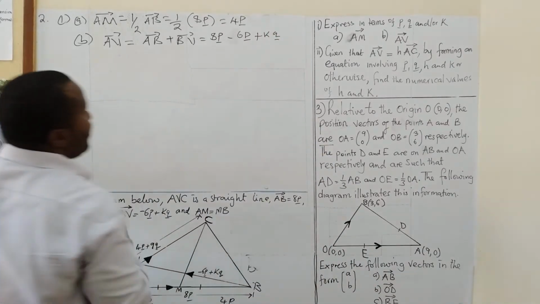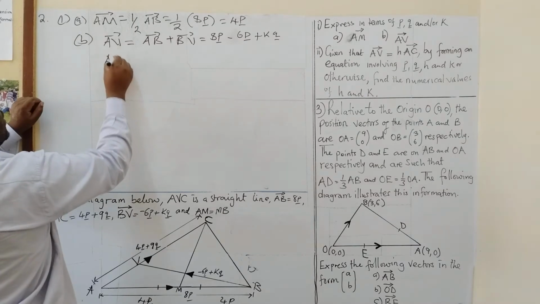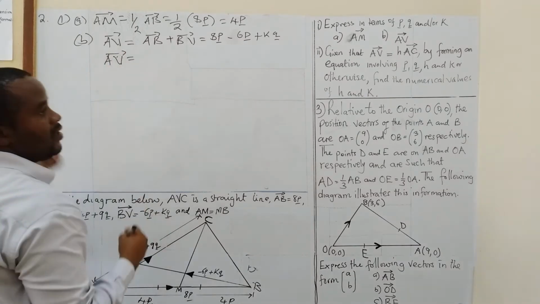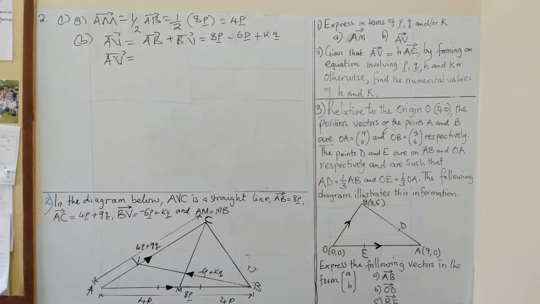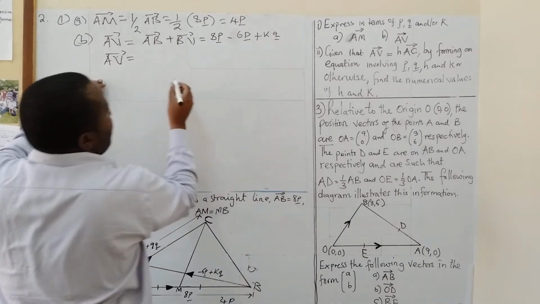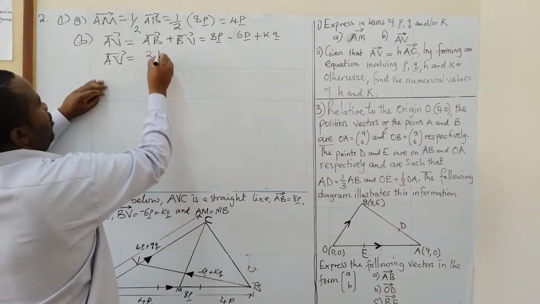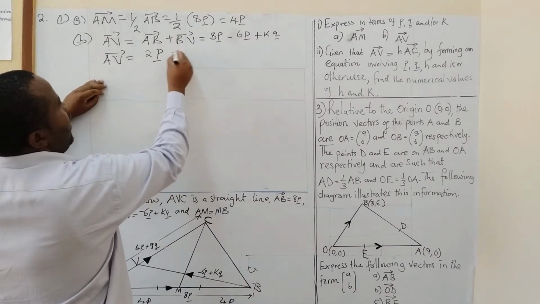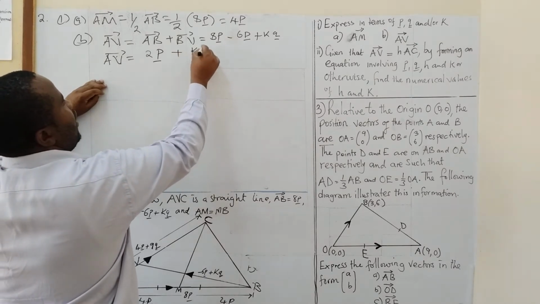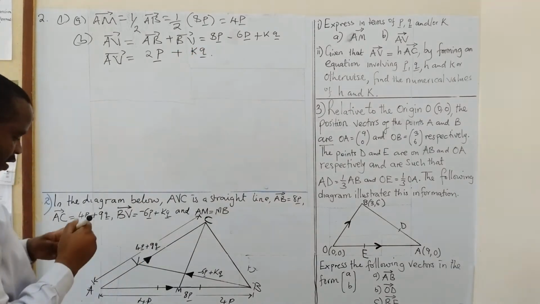Alright? Simplifying that produces, okay, this minus that, we have got 2P plus KQ, and that's your answer, alright?